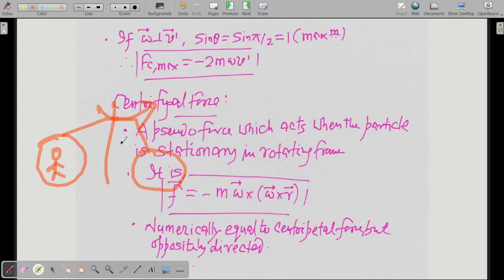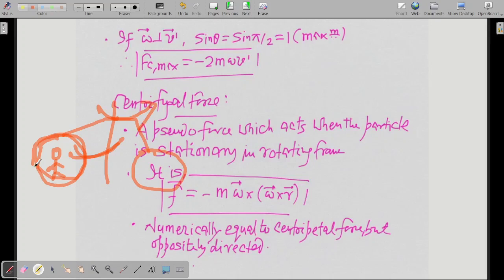This particular jhula of the mela, that is, the machine of the fair, is rotating, and you yourself are rotating with this rotating frame. So you will experience a pseudo force because you are stationary with respect to this machine. With respect to this merry-go-round you are stationary, because you are rotating along with it.